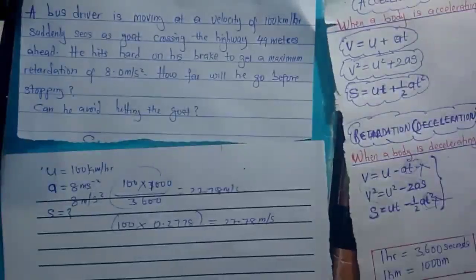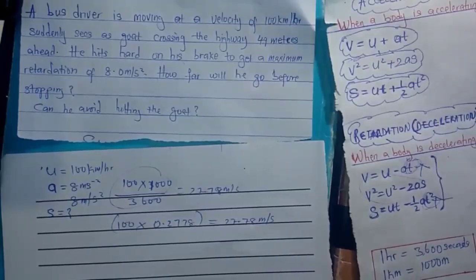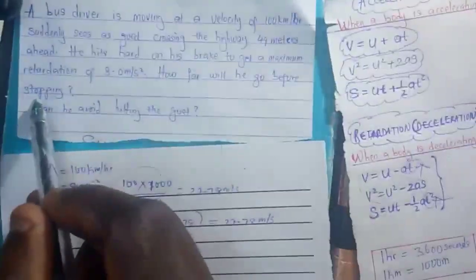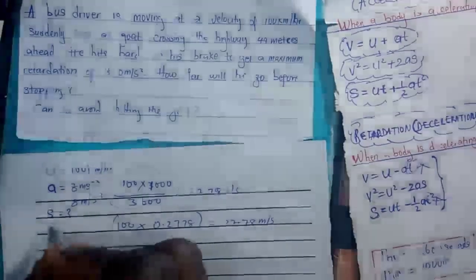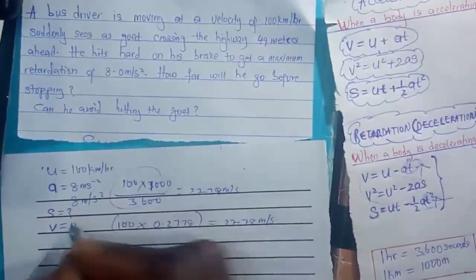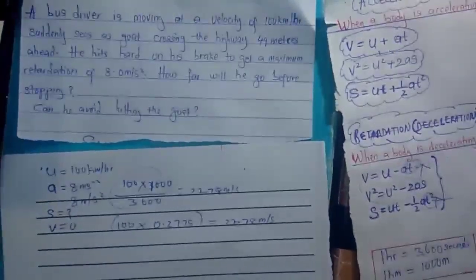Whenever you see how far, you are asked to find the distance. Whenever you see how long, you are asked to find the time. Before stopping is telling you that the bus will eventually stop, and when it is stopping, the final velocity will be equal to 0. Can you see that now?